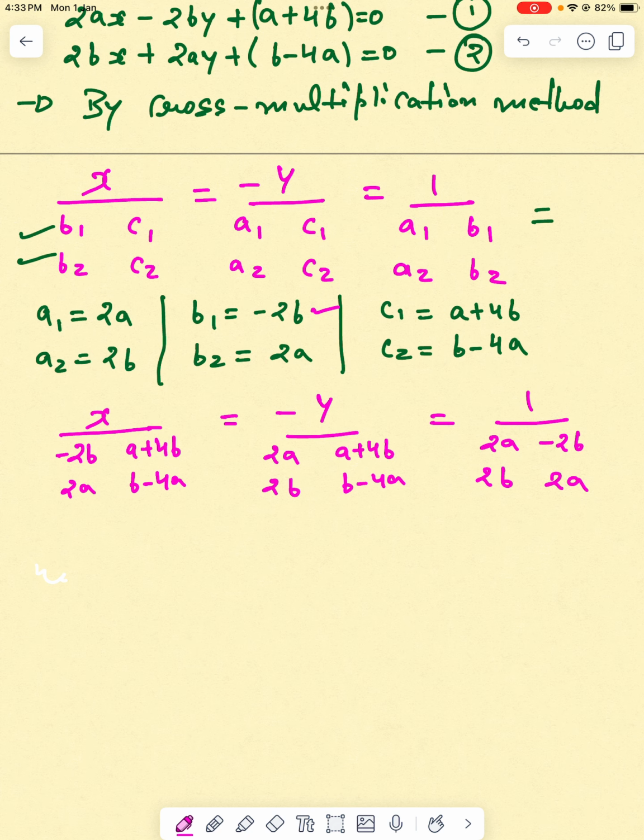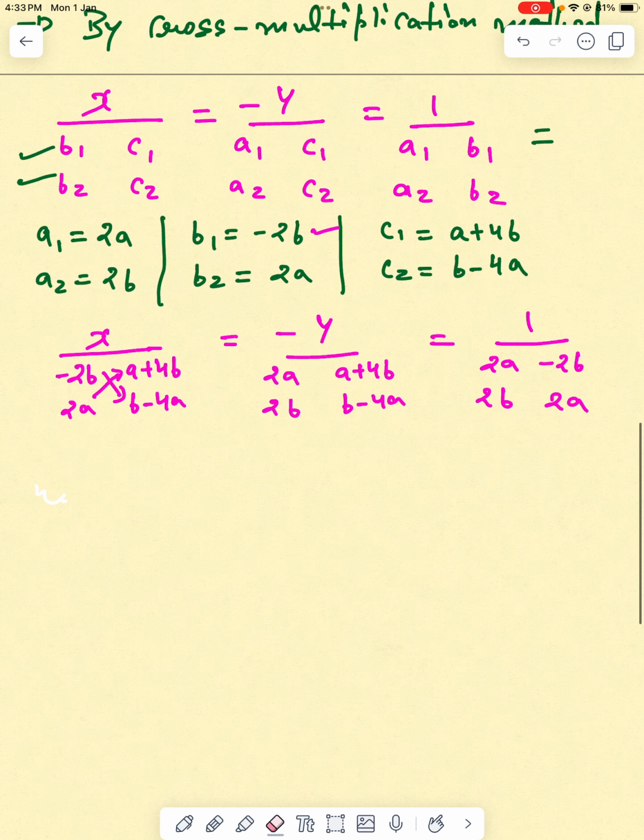So now what is the next step? We will cross multiply the coefficients we obtained and subtract them from each other, right? So next, just multiply it: minus 2b multiplied by b minus 4a, minus 2a multiplied with a plus 4b.